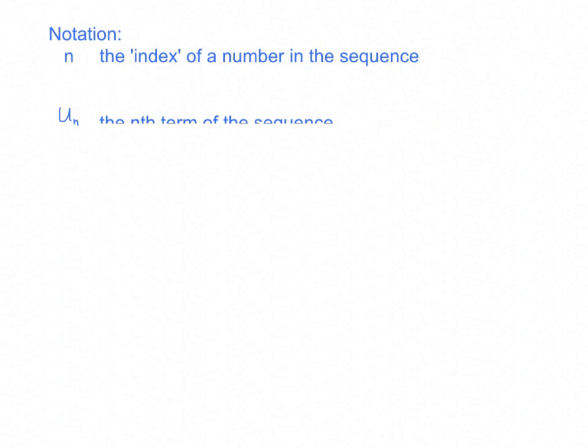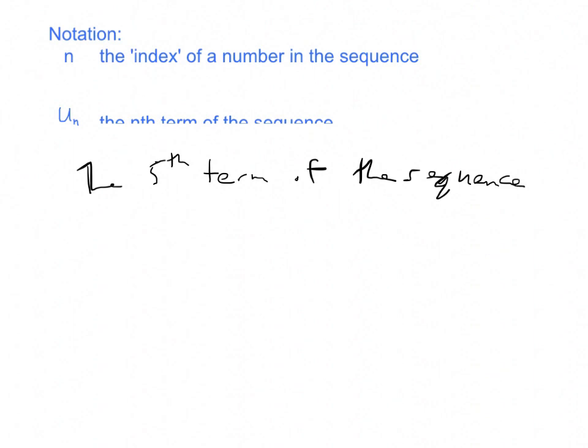So let me try and give you an example of this. If someone were to tell you that the 5th term of the sequence is 17, I think we all understand what that means. It means that there's a sequence where there's something, 17, right?